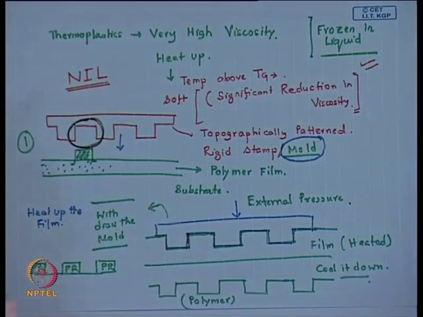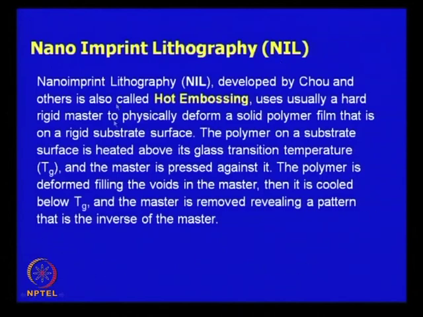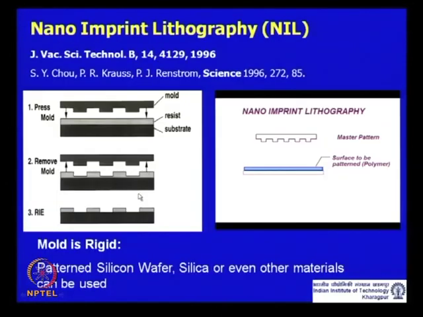Okay. So, the polymer is deformed, filling the voids in the master, then it is cooled to below Tg, and the master or the mold is removed, revealing a pattern that is the inverse of the master, or a perfect negative replica of the master. You read the sentences carefully, and you can correlate it with the sequence of events that is shown here.